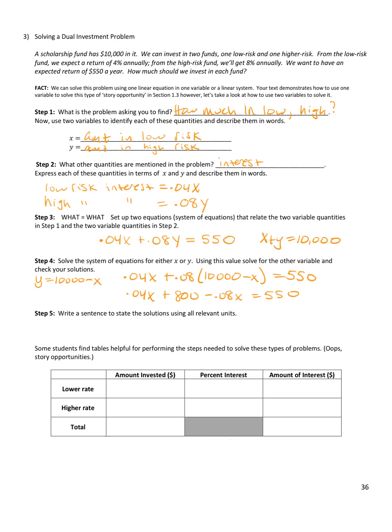And then 0.04 minus 0.08 is negative 0.04x. 550 minus 800 is negative 250. And divide both sides by negative 0.04. And you get 6,250. So that's the amount we put in the low risk. Okay, $6,250.